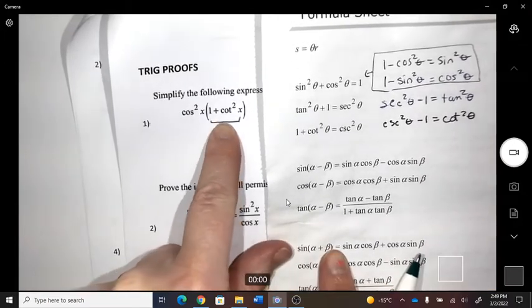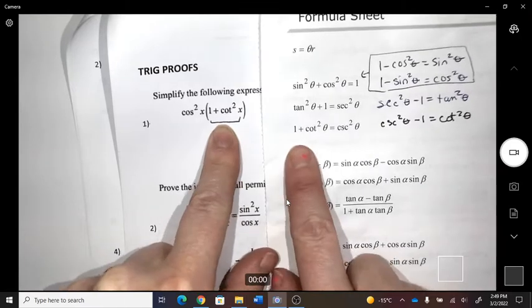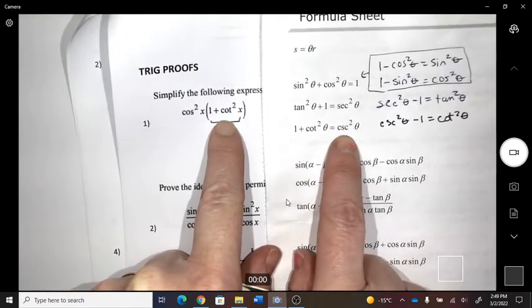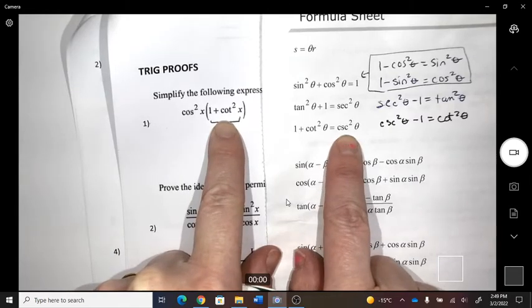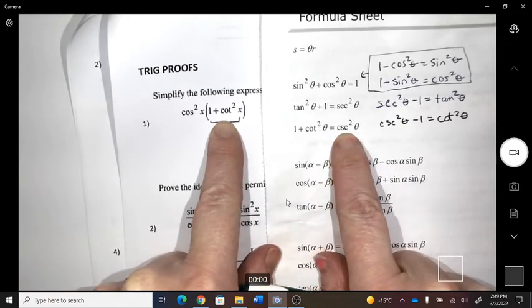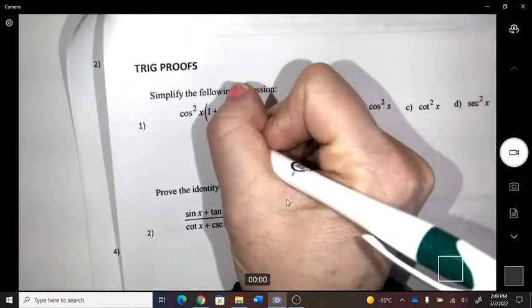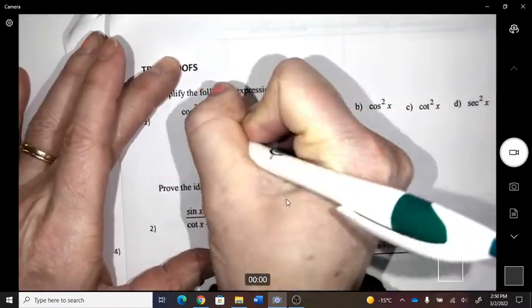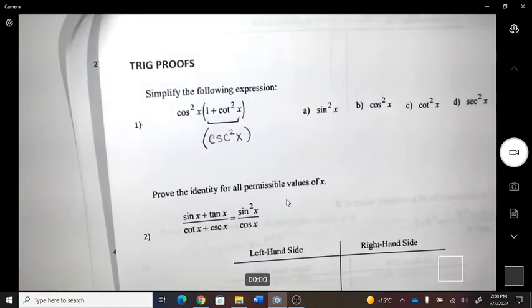It looks exactly like the bottom one there, so you can replace it with a cosecant squared. Okay, I found that on my formula sheet, so I can replace it.